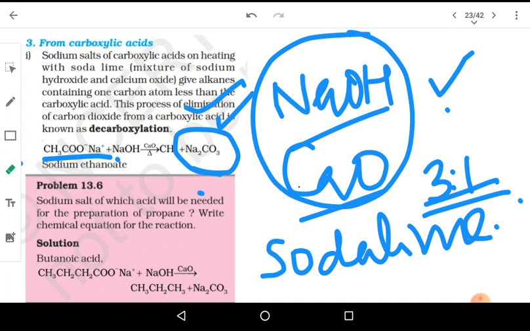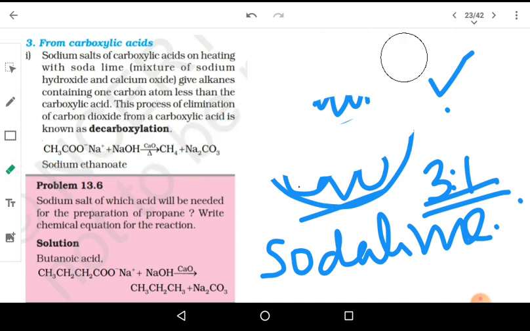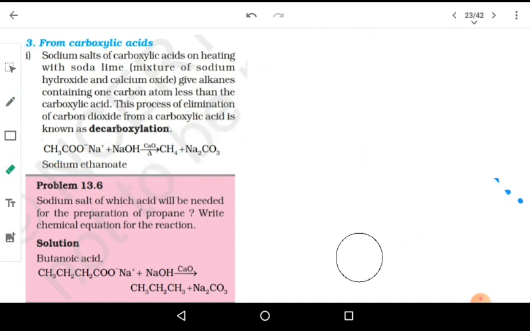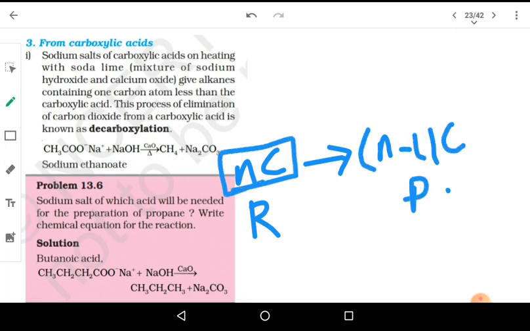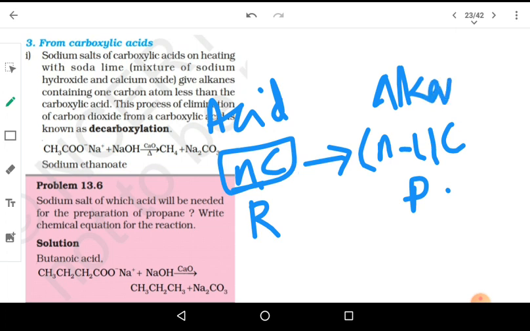So as a result, if we have n carbons in the reactant side, we will have n minus 1 carbon in the product side. And what will be the reagent? The reagent is going to be an acid, and the product is going to be an alkane. So the process is decarboxylation.